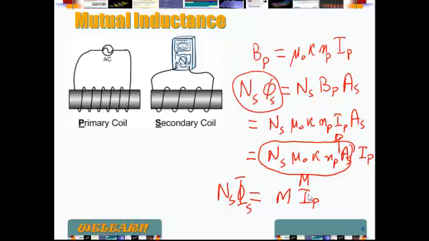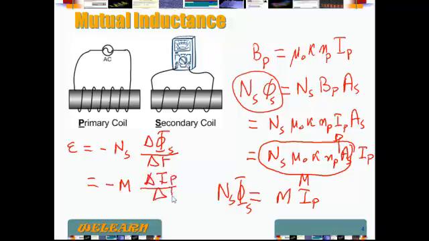Now, the EMF in the secondary coil is going to be minus N_S delta phi in the secondary over delta t. In this case, since the only thing that changes is I_P, that's going to be minus M delta I_P over delta t.